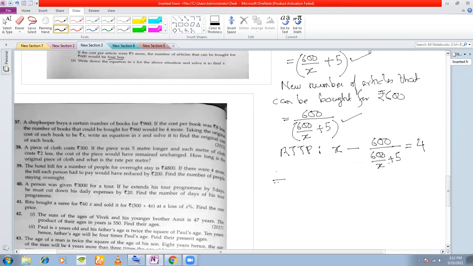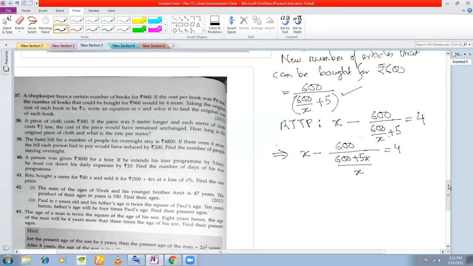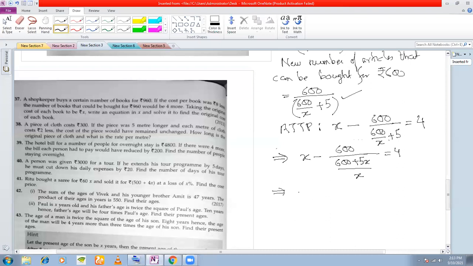Okay, so let's simplify this and get an equation in X. Take the LCM in the denominator. So now you get X minus 600. You take this X on top, and in the denominator you will be left with 600 plus 5X, is equal to 4.